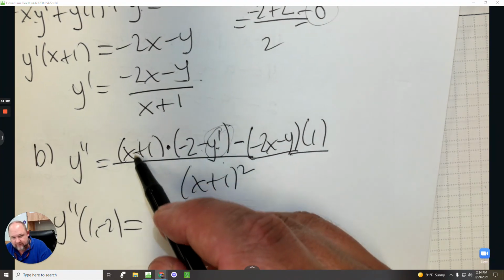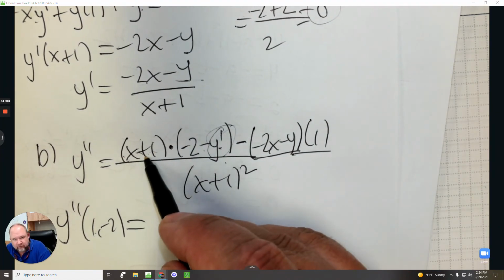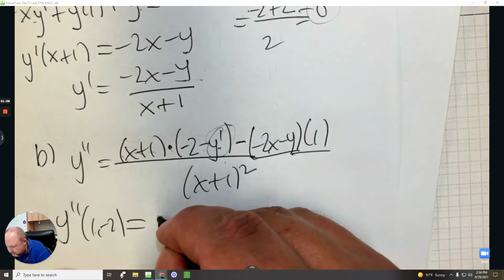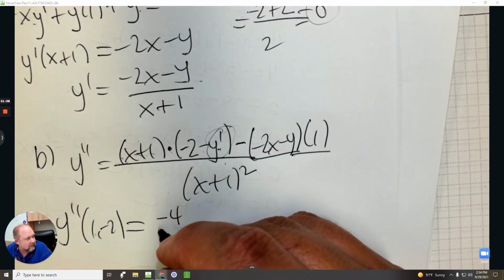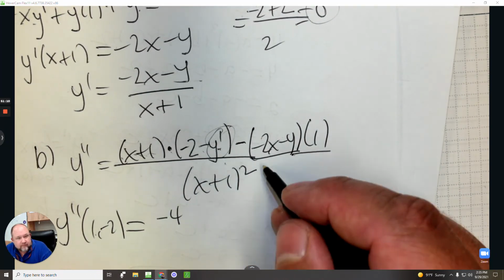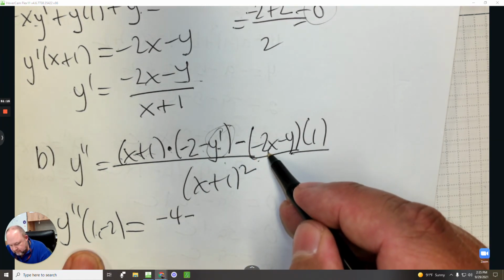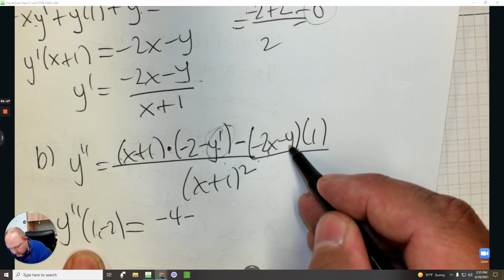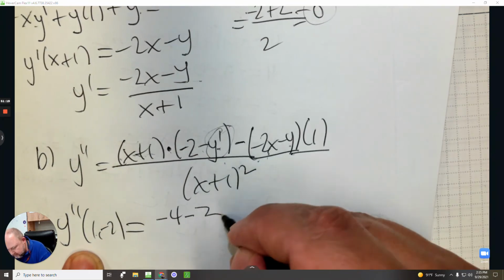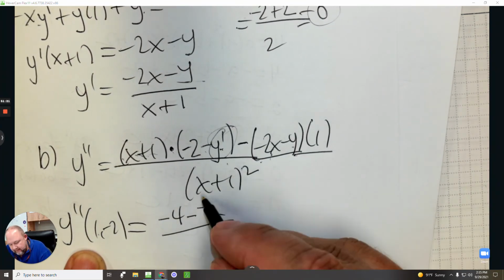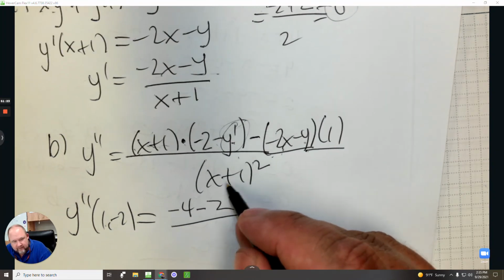Then you just plug in the values. So 1 plus 1 is 2 times -2, which is -4. Here we have -2 plus 4. That's 2 times 1. And then 1 plus 1, 2 squared.